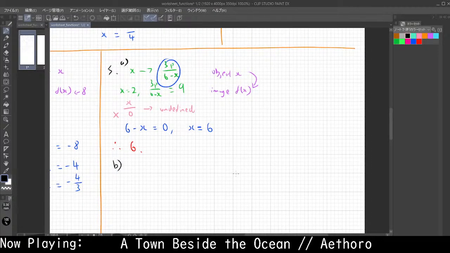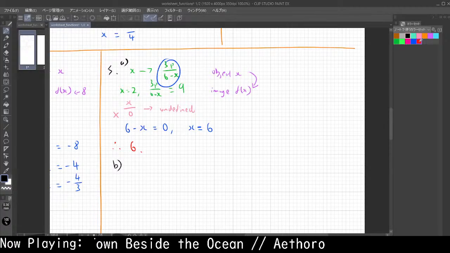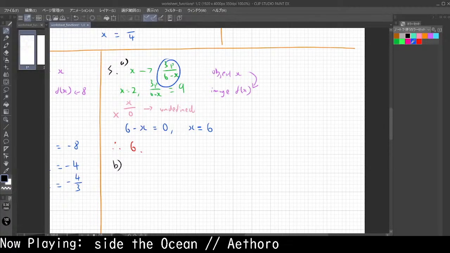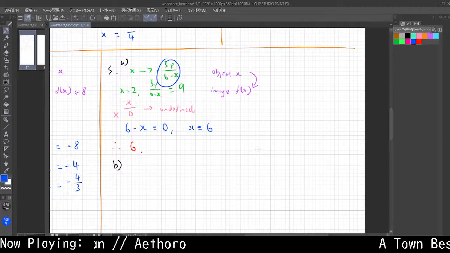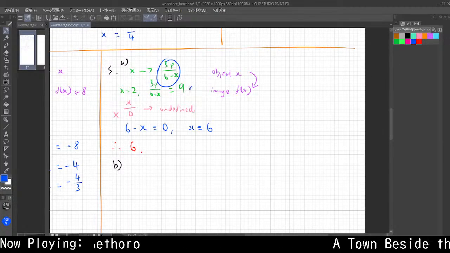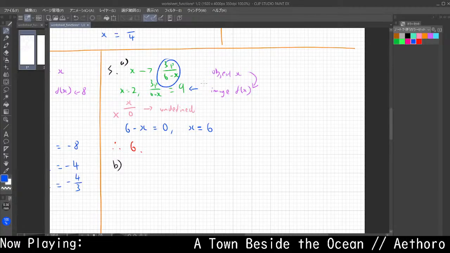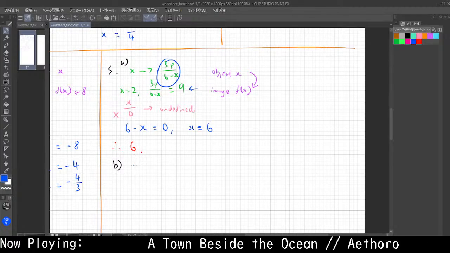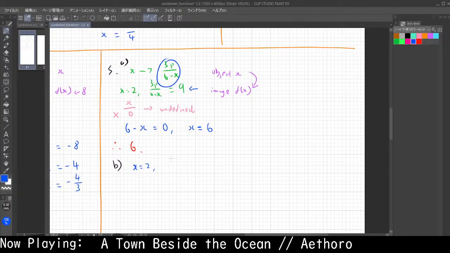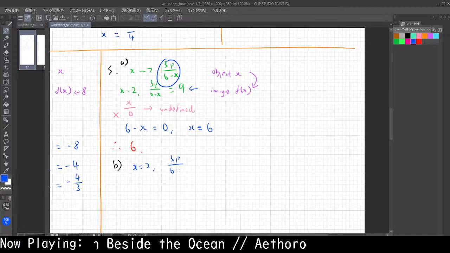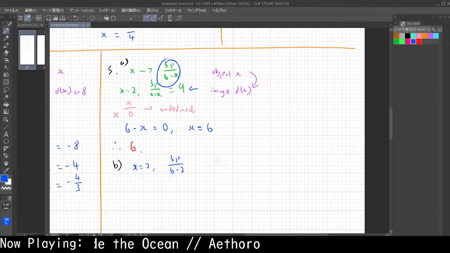This is fairly simple. Just put x equals 2 into your function over there, let it equal 9, which comes from the arrow diagram itself, the line that I put a blue arrow pointing at. When x equals 2, you can directly replace: 3p over 6 minus 2 equals 9.